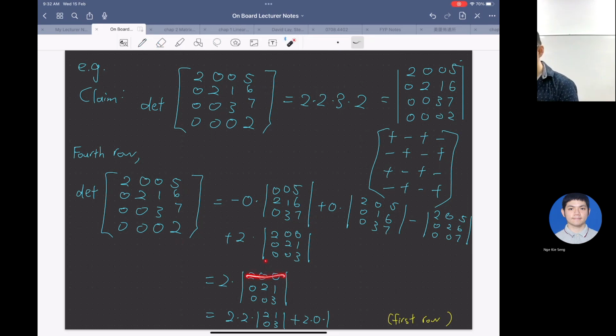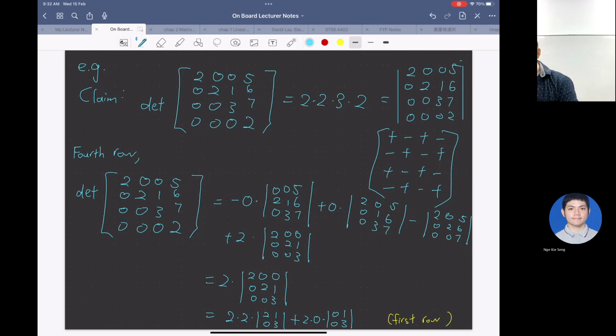What's the minor after removing the first row and second column? 0, 0, 1, 3.